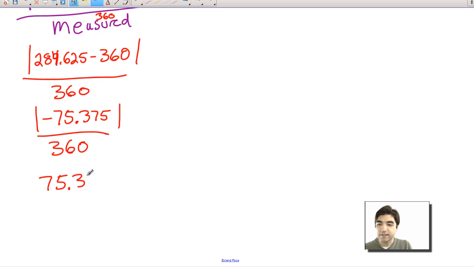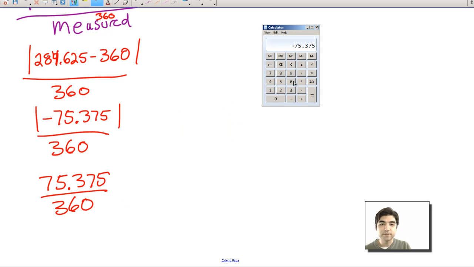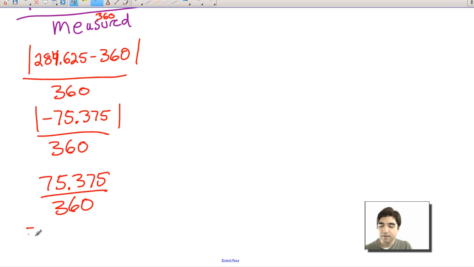So we got 75.375 divided by 360. So then that is going to equal 0.209, which, remember, to turn this into a percent, move the decimal 2 places. So that is 20.9%.